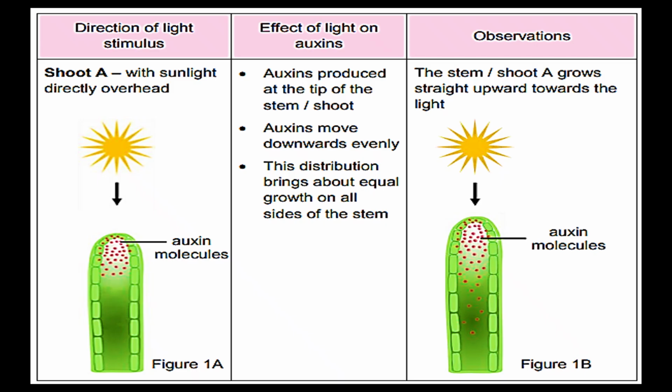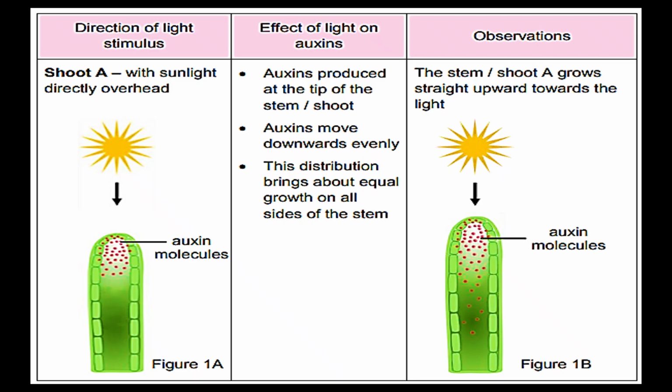They can sense light and they don't like it because light will destroy them. Auxins are destroyed by light. So once they sense that there is light, they move downwards and they move evenly. Evenly means uniformly. They don't concentrate themselves on one side. They flow downwards uniformly in equal direction.